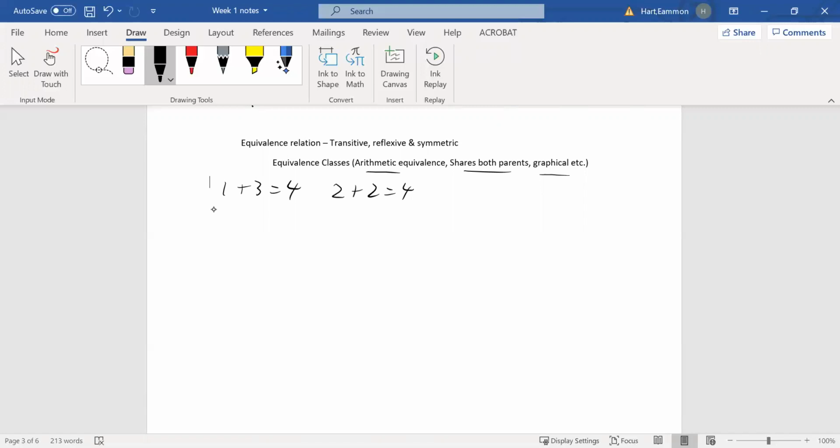So it's reflexive, it's going to be transitive, and it will also be symmetric: 1 plus 3 is equal to 4, therefore 4 is also equal to 1 plus 3. So shares both parents with is also going to be an equivalence relation.